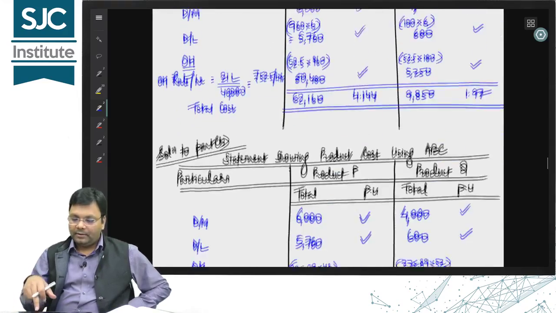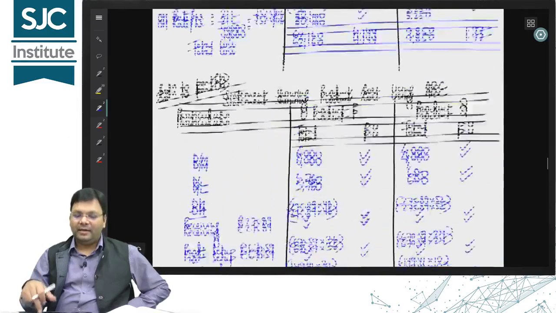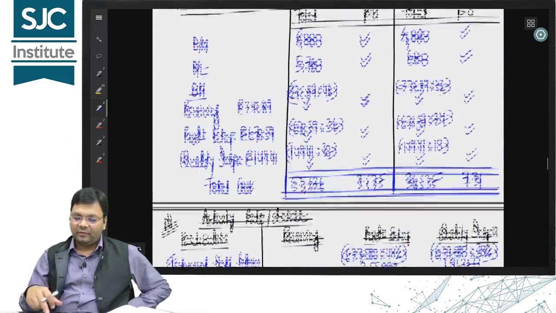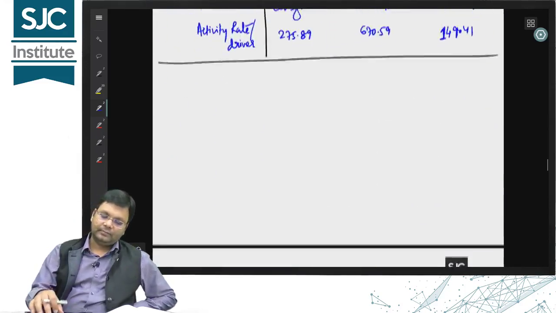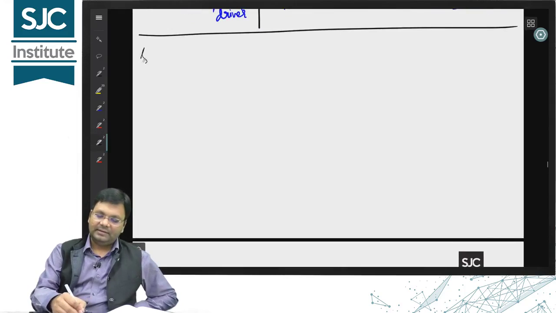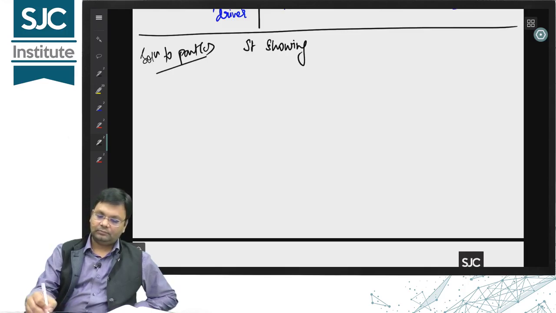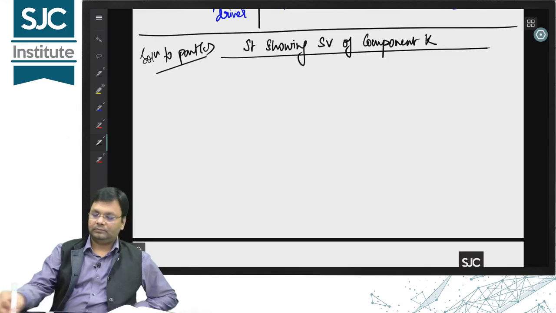Okay, so here we have done part A and B. Now there is part C where we are going to calculate the sales value of component K. So we are going to part C. Statement showing sales value of component K using ABC.